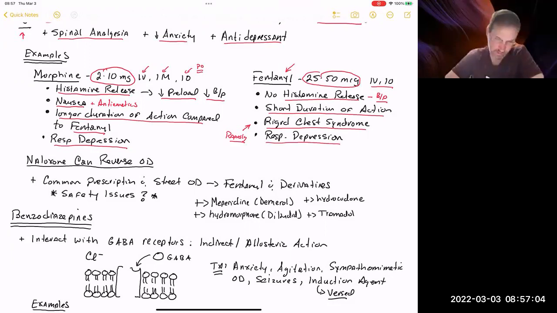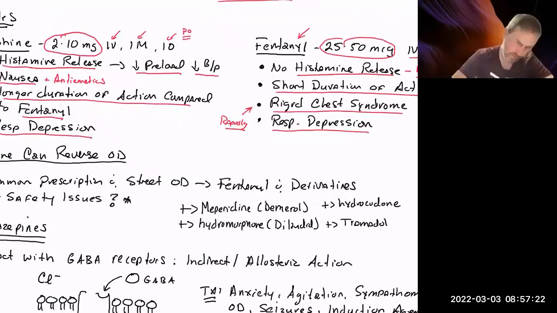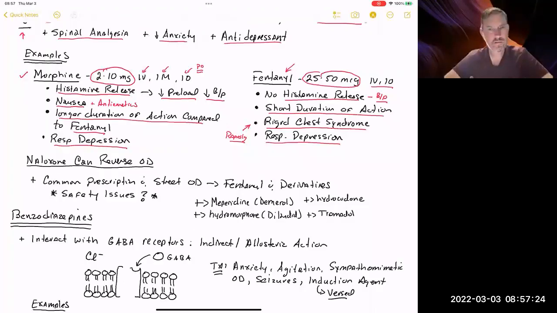So here's the thing. The unique properties of these agents mean that we can use them in different situations, or they will shine in different situations. For example, morphine is good in situations where you want something with a prolonged duration of action.